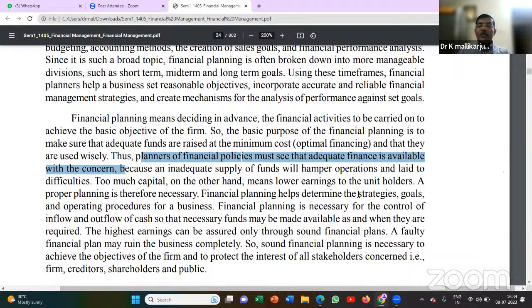Financial planning has to determine strategies, goals, operating procedures of the business, and adopting new technology. If the company has good financial resources and good financial results, the company can opt for new technology. See the difference between Airtel and VI, and we can compare Jio.